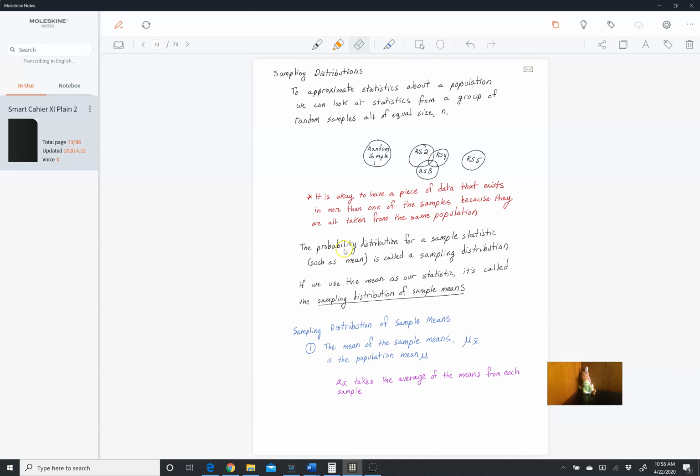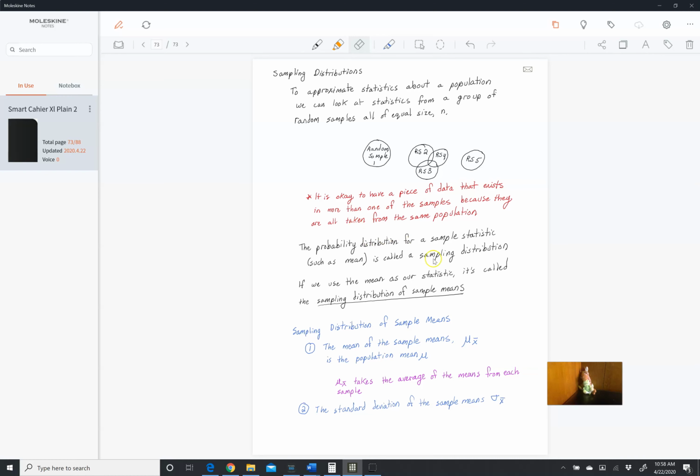Okay, so let's put that in. The standard deviation of the sample means, and not so surprisingly, that is abbreviated as sigma and then the x bar.